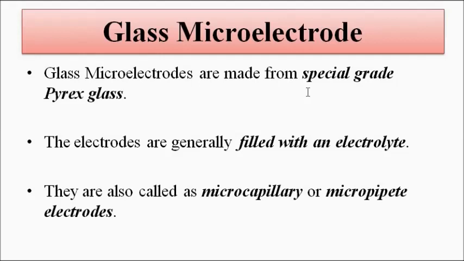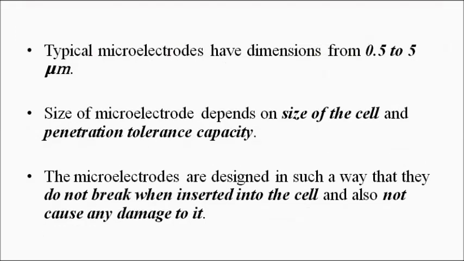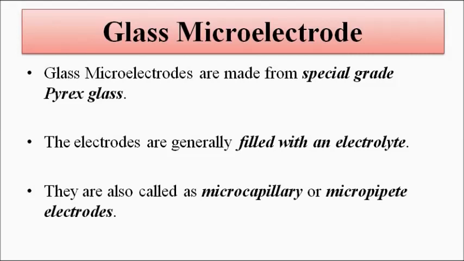So glass microelectrode. Glass microelectrodes have all the specific characteristics which we have discussed here, but the extra characteristic is that it is made from special grade Pyrex glass, and they are generally filled with an electrolyte. Electrolytes facilitate the movement of ions which help in the conduction of the signal, the biopotential.